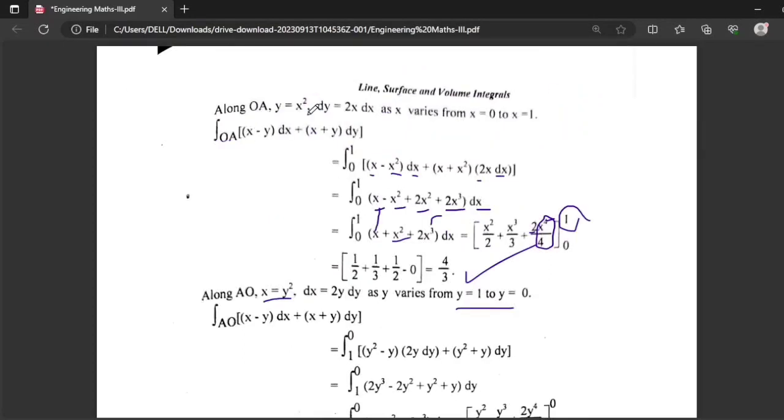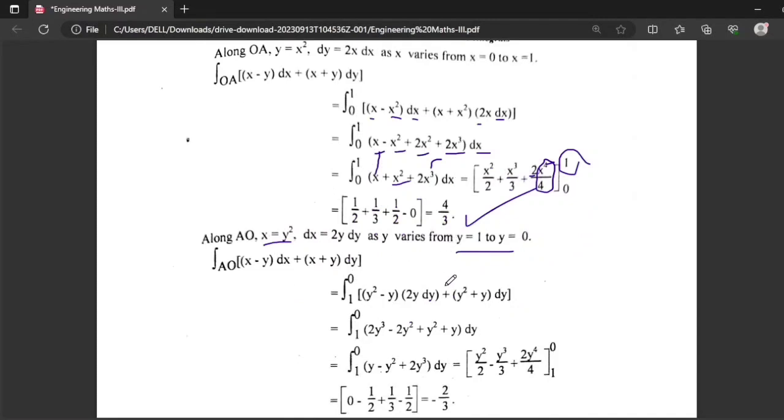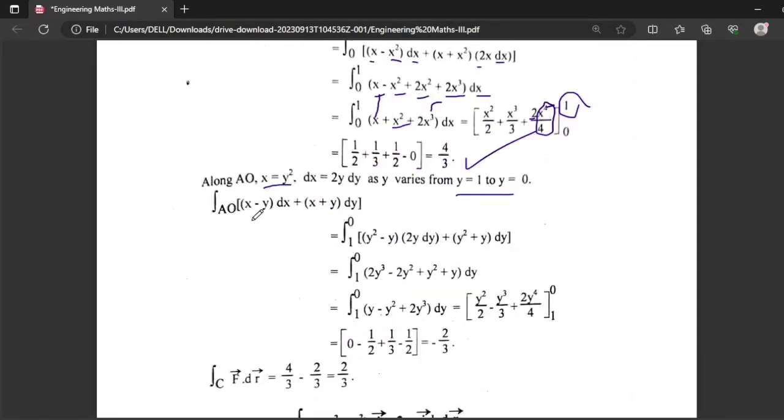Along OA we converted all into x, but along AO we convert all into y because converting into y is easier and less confusing. So x equals y square and y remains the same, and dx is 2y dy, and x is y square and y remains the same, and dy.